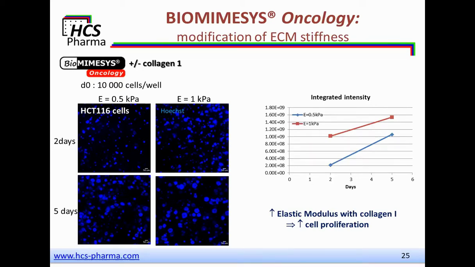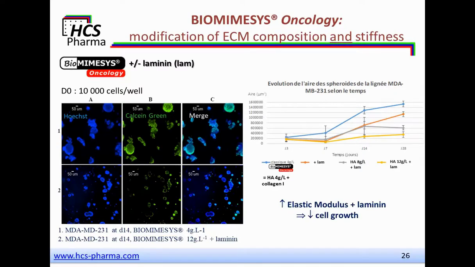You can see the staining of the spheroids in the matrix. And interestingly, we could observe that the increased elastic modulus with increased collagen 1 is linked to higher cell proliferation in biomimesis. So this can be linked to what has already been described in other studies and also in vivo regarding the impact of the physical properties of the matrix on cell proliferation and the impact of mechanical stress on the cells.